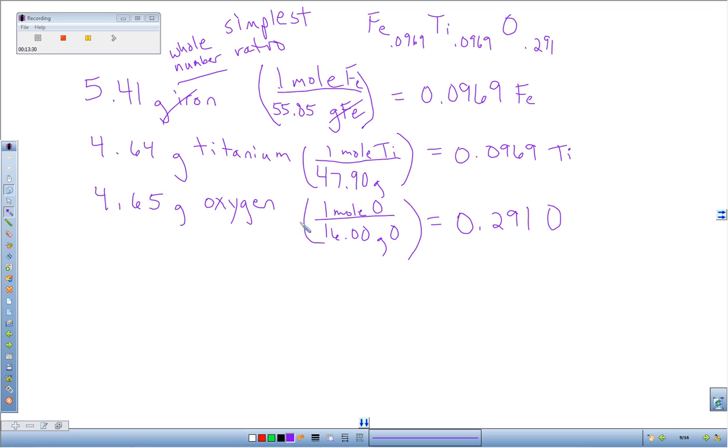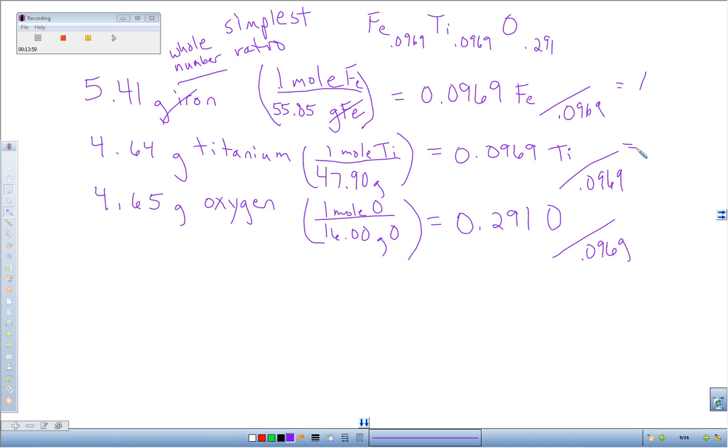That's what we need. Here's what you do. Divide all of them. As long as you do everything across the entire formula, you're legit. We're going to divide them all by the smallest. Divide them all by 0.0969. So, what do we get?